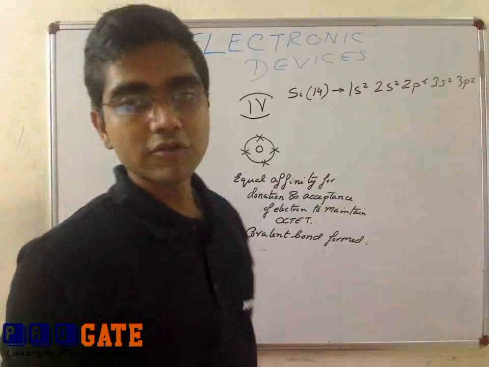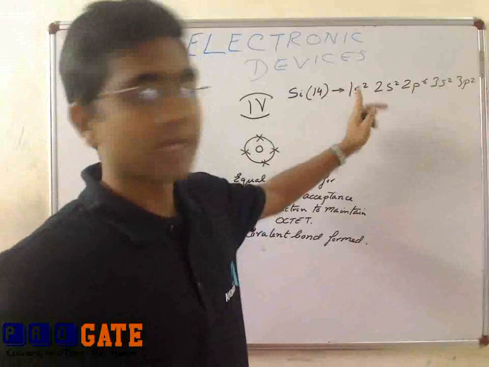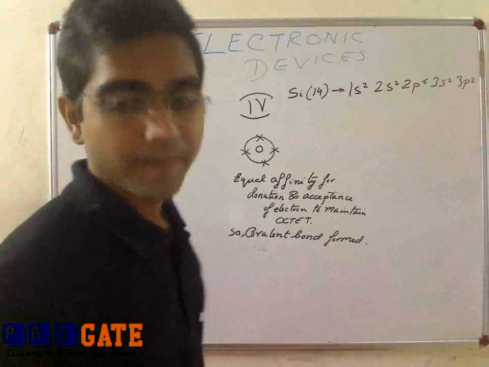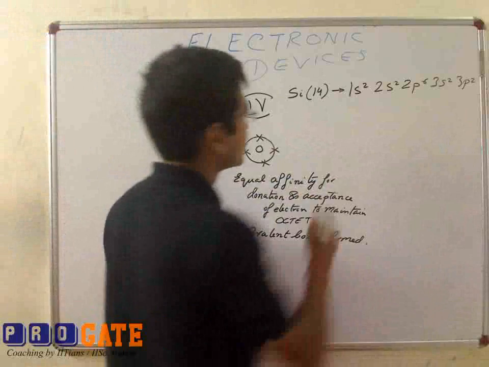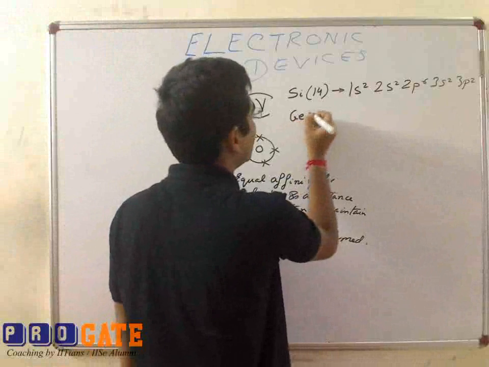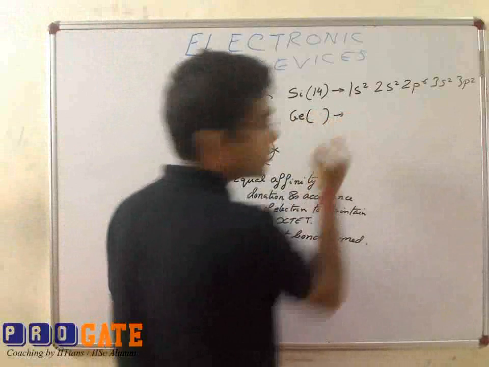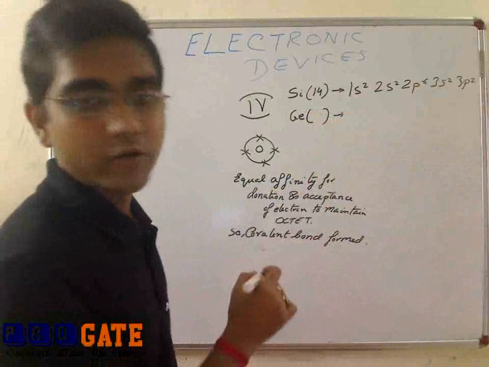This is the distribution of electrons in silicon. What happens in case of germanium? The atomic number of germanium is 32.